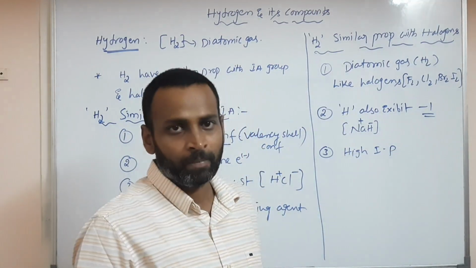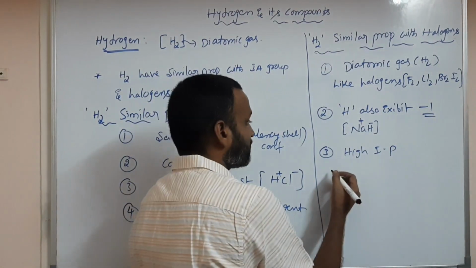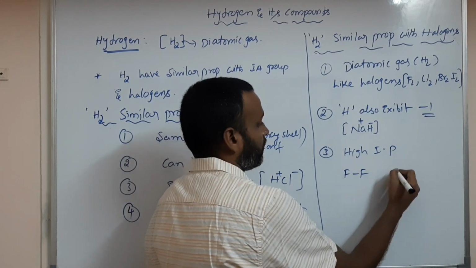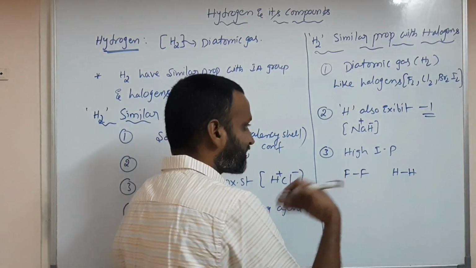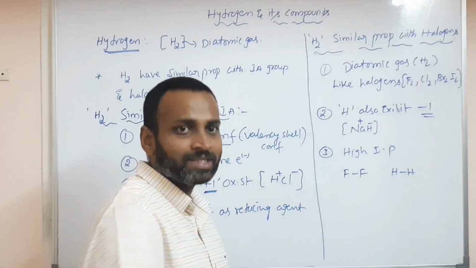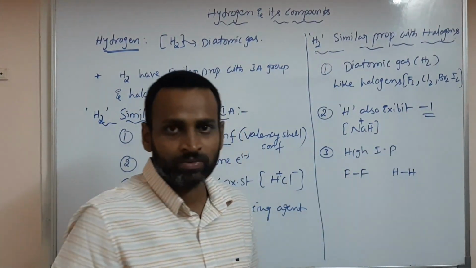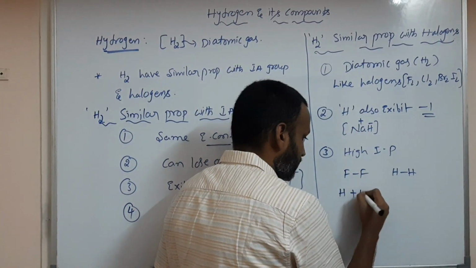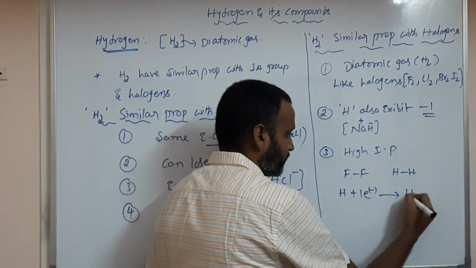Like halogens, hydrogen has high ionization potential, and has a single bond, like F single bond F and H single bond H. That means it has an accepting tendency. Hydrogen can accept one electron so that it exhibits -1, like halogens. If hydrogen accepts one electron, it becomes H minus.